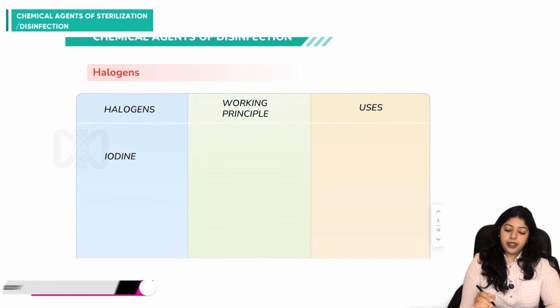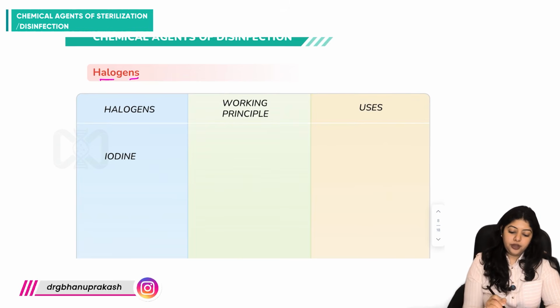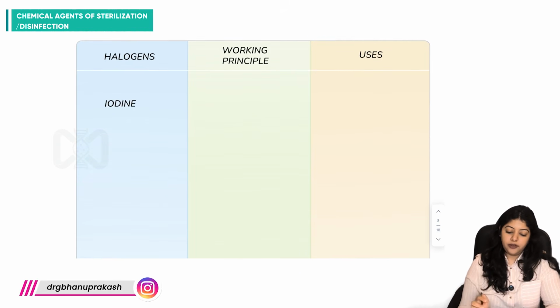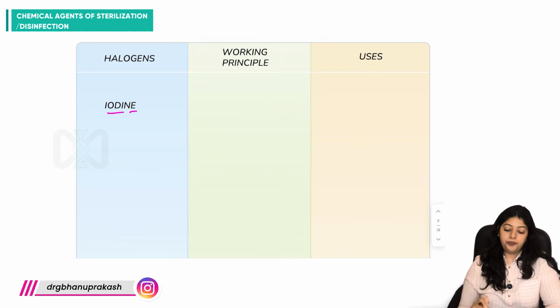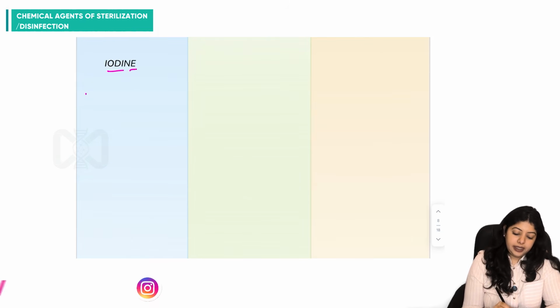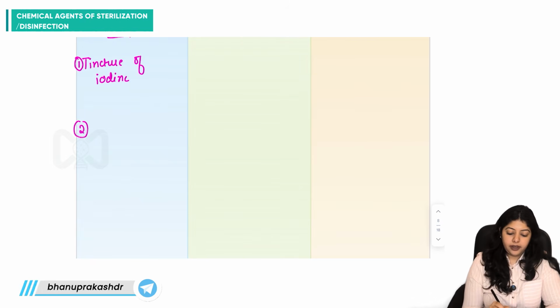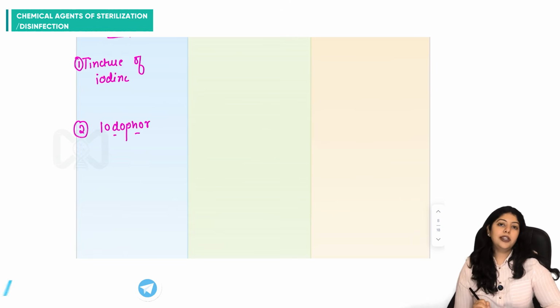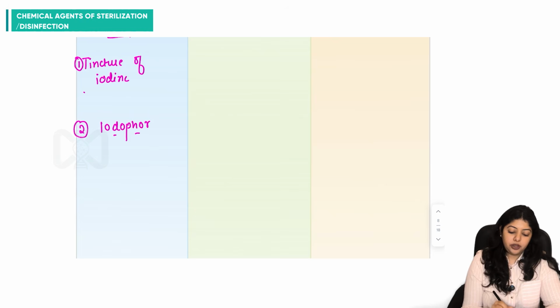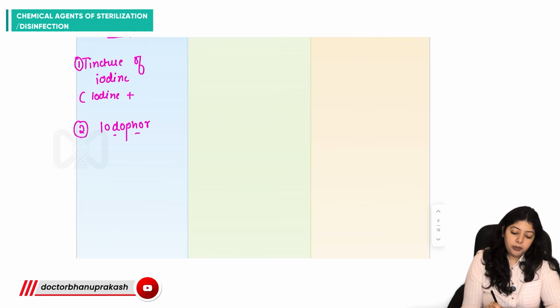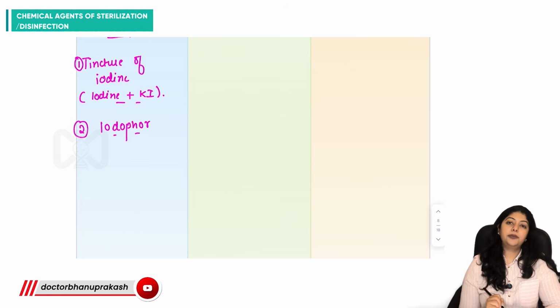Now moving on to the next category, that is halogens. So for halogens, we have iodine, which is available as tincture of iodine and iodophore. What is tincture of iodine? It is just the preparation of iodine with potassium iodide.